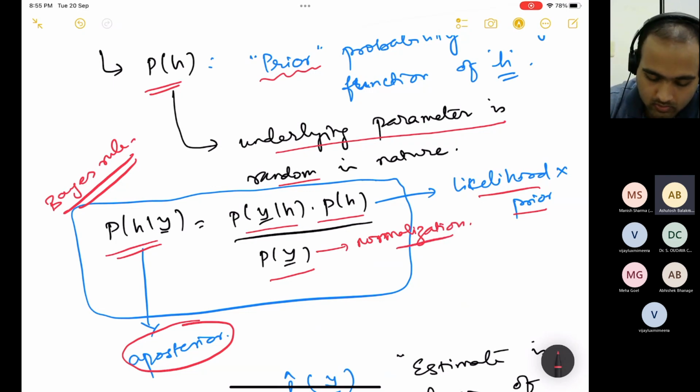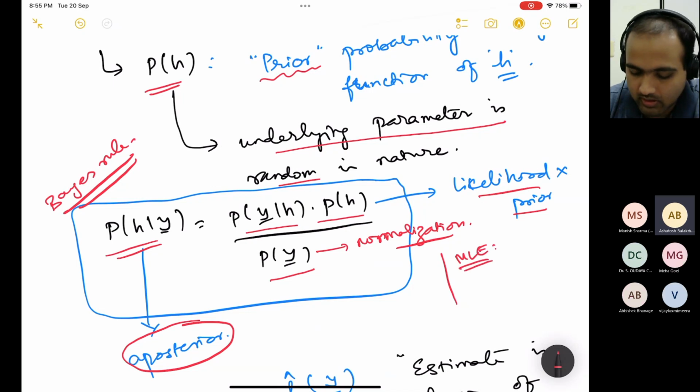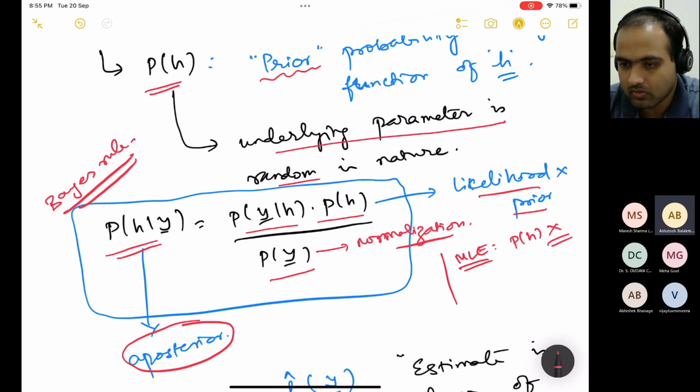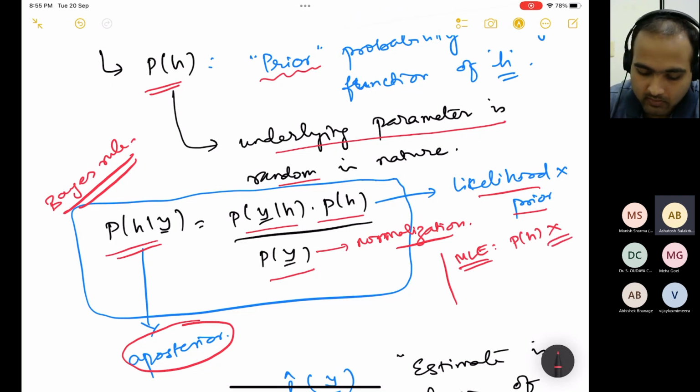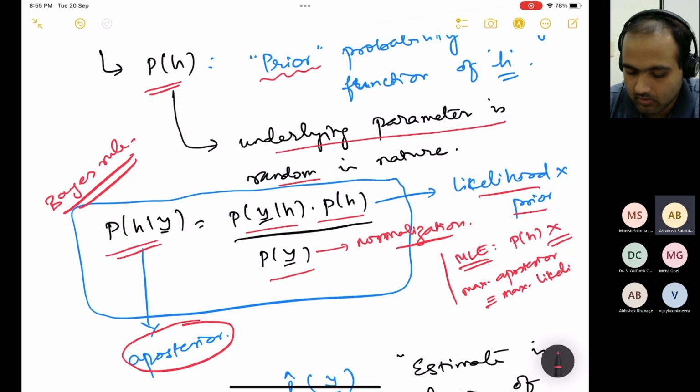So in the MLE, p of h did not exist. There was no concept of prior probability. So we were saying that maximizing the a posteriori is equivalent to maximizing the likelihood.